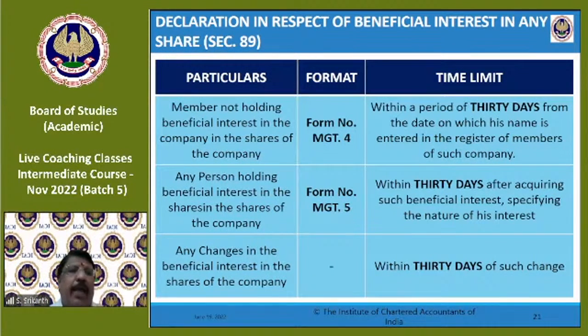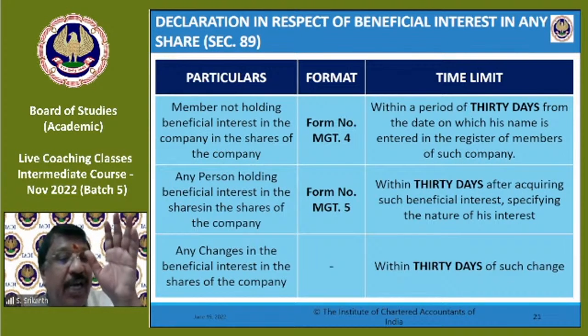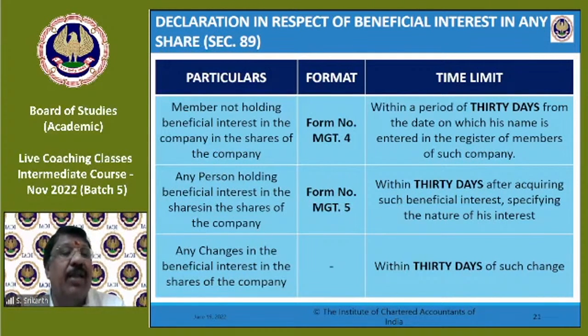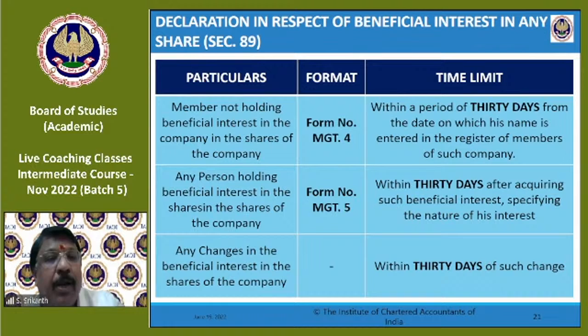Now, normally, in such cases, nobody will come and say, I am having beneficial interest. But this section 89 says, where the member is not holding beneficial interest, he should make a declaration. So if A is a benami, he is not the true owner. Then section 89 makes it compulsory for this benami to disclose the fact that he is not holding beneficial interest.